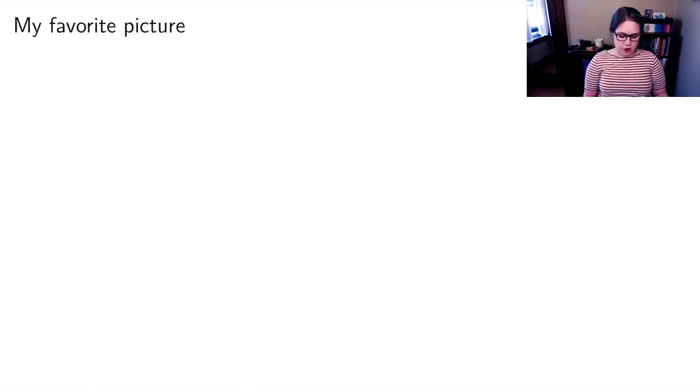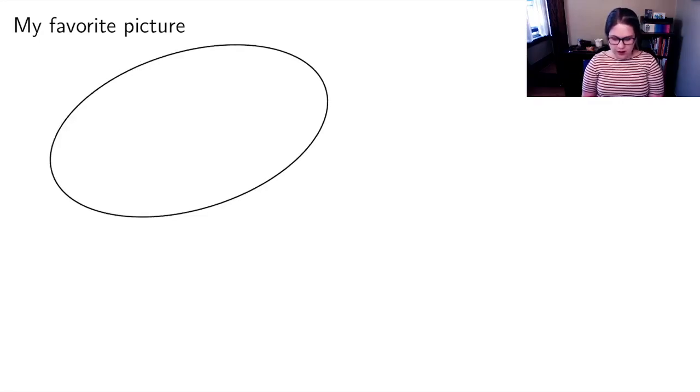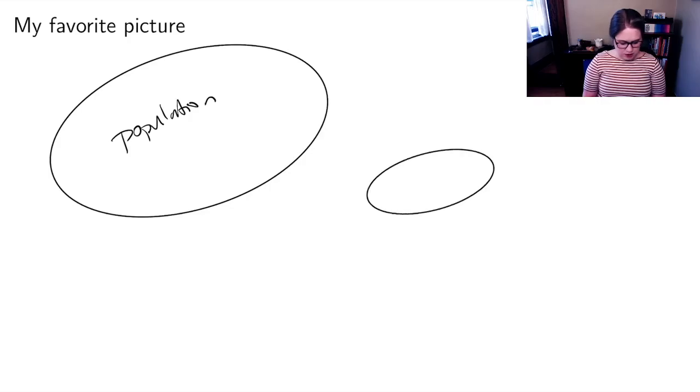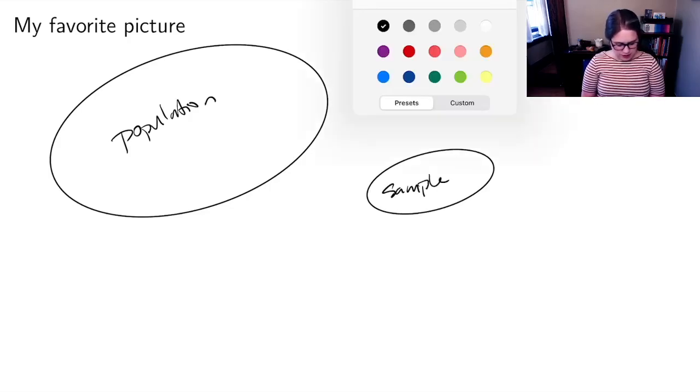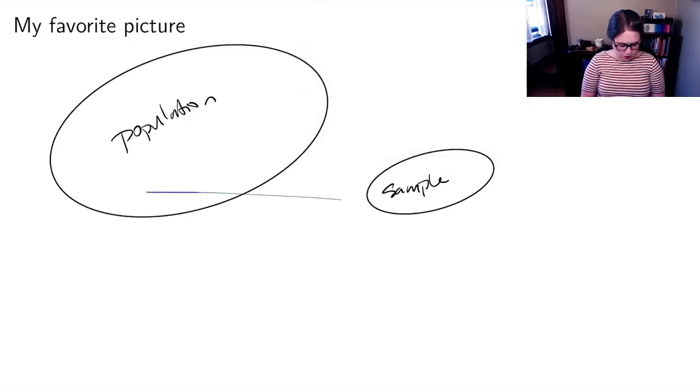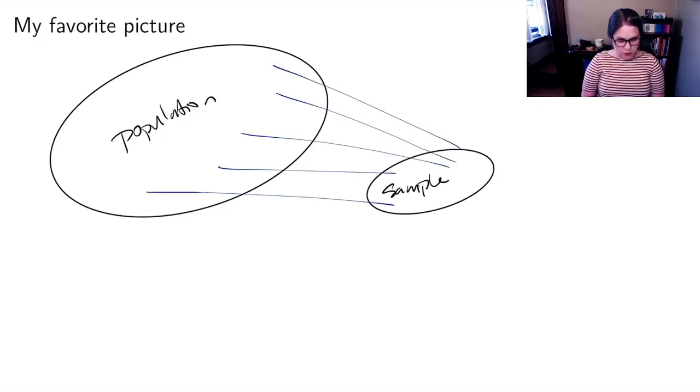I'm just going to draw you my favorite picture again. Of course, we've got our big oval. This is the population, all the people or cells or trees, whatever it is that we're studying. Then we have the smaller version, and that's our sample. There is a procedure where we pull from the population to form the sample.